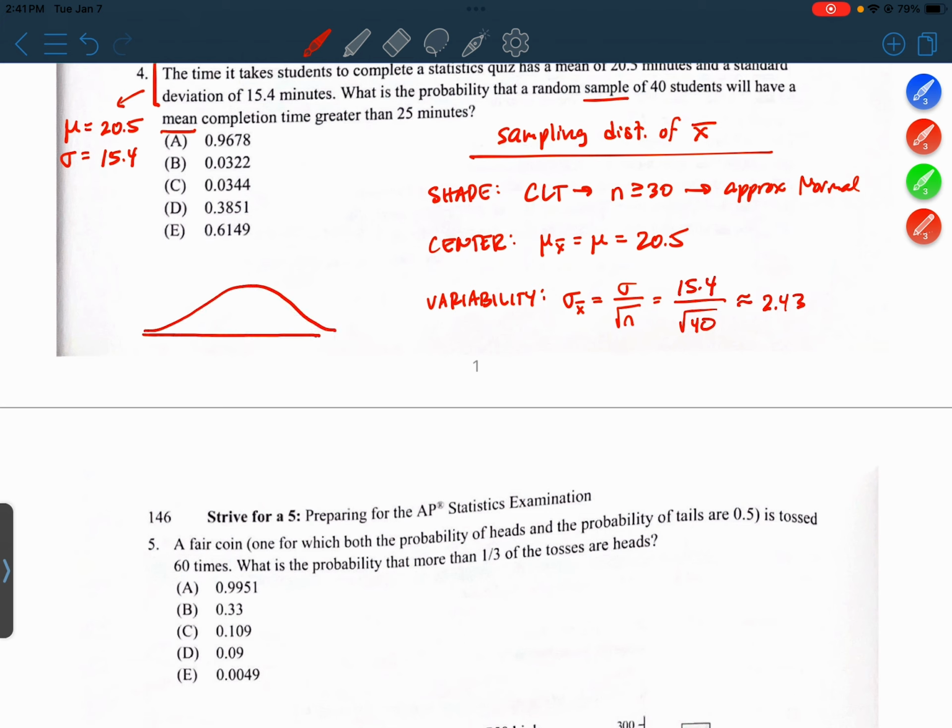So there's our approximately normal shape. We'll label it N for normal. We know that the mean is 20.5 and the standard deviation is 2.43. So that's the mean and that's the standard deviation.